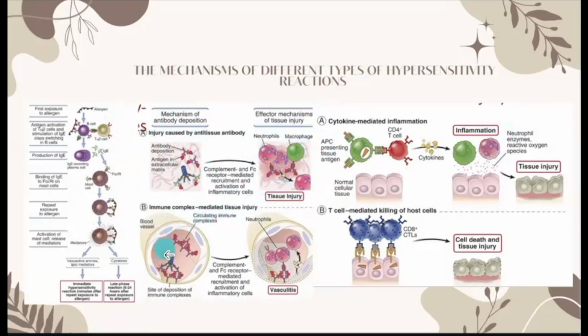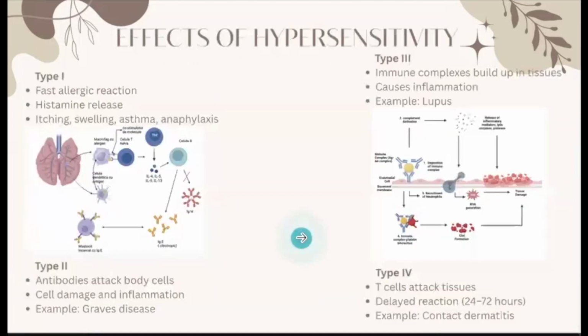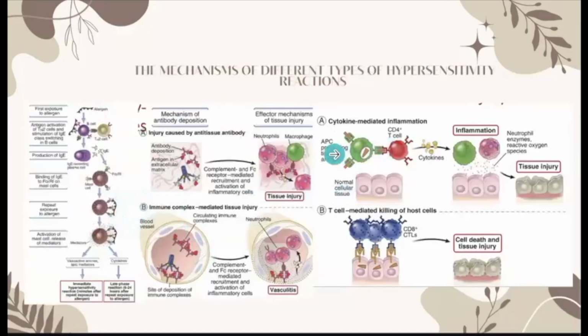Meanwhile, type 3 forms immune complexes that are deposited mainly in blood vessels, causing inflammation. The mechanism is antibodies binding to an antigen and creating an antibody-antigen complex deposited in the blood vessels, activating the complement system, which leads to the recruitment of neutrophils and causes inflammation.